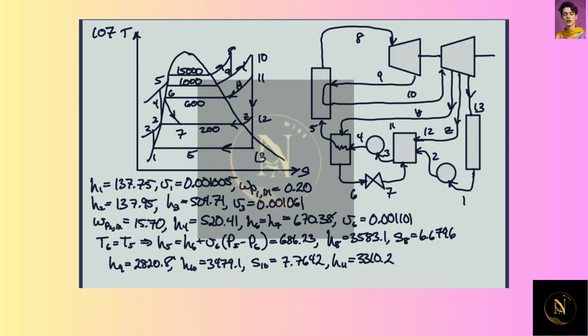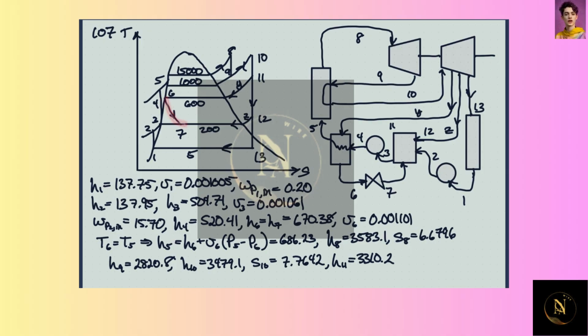Again, our TS diagram is kind of a mess, but we can see all of these states: the reheat, the bleed, the feed water heater. This would be from 6 to 7.